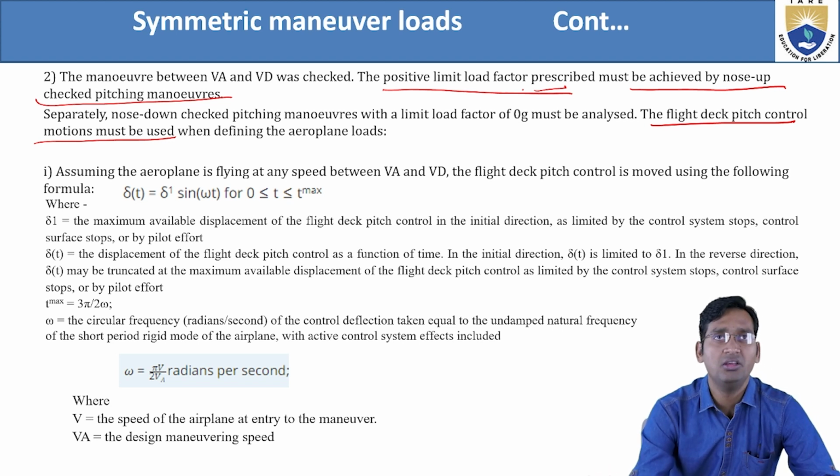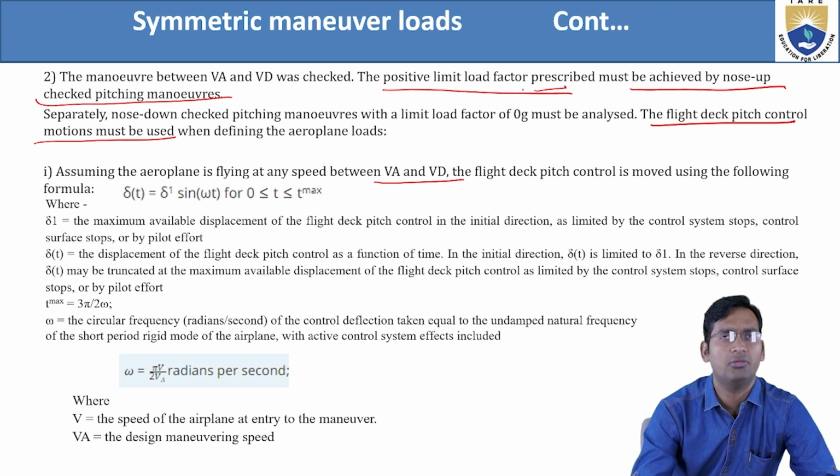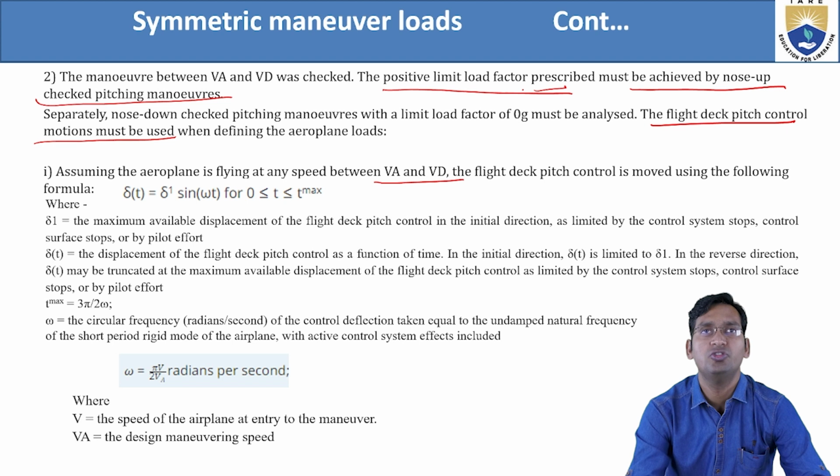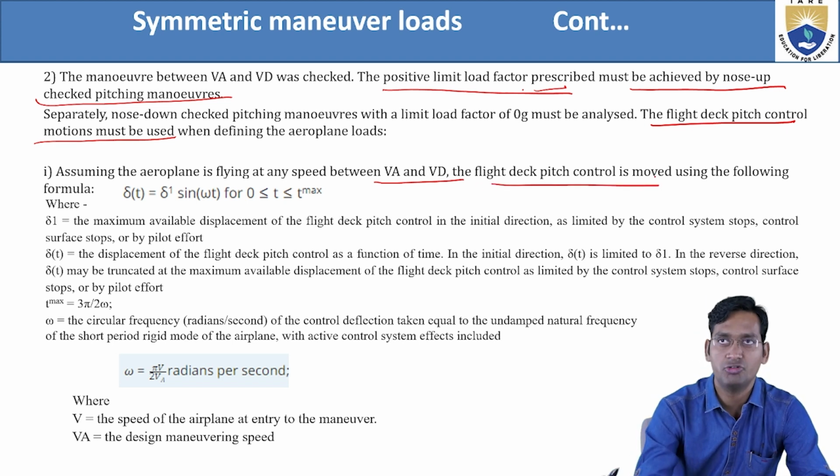Assuming the airplane is flying at any speed between VA and VD, the flight deck pitch control is moved using the following formula. How do we find how the flight deck pitch control is moved?